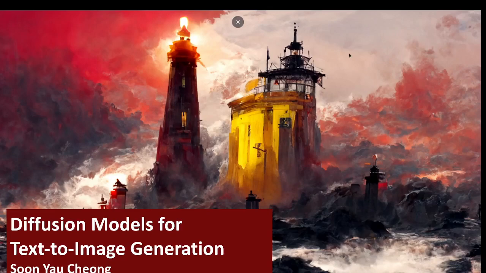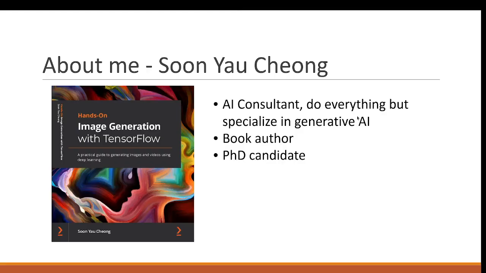Just before we start, I would like to introduce myself. My name is Sun Yao Cheong. I'm currently an AI consultant. I do various AI projects, short projects and also some longer term contracting, from machine learning and data science to deep learning.